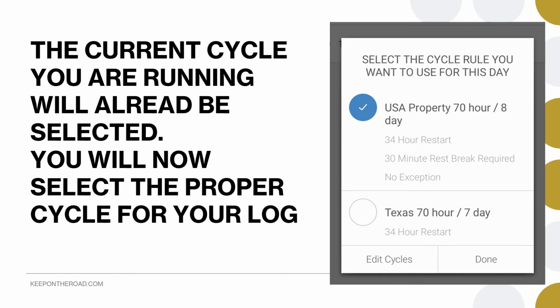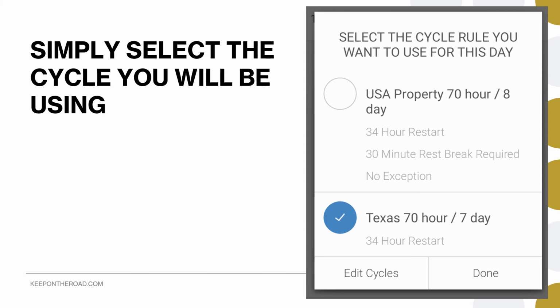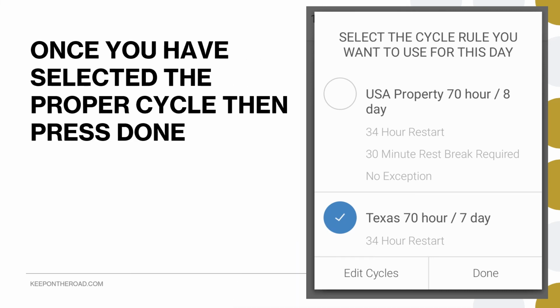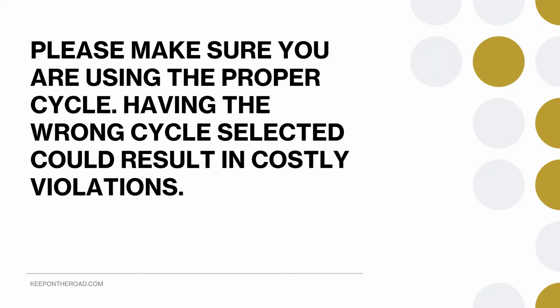I'm currently selected under the US 70-hour 8-day. I am going to switch to the Texas 70-hour 7-day. Once I do that, all I need to do is select done, and I will be running on my secondary cycle. Always make sure you are using the proper cycle.